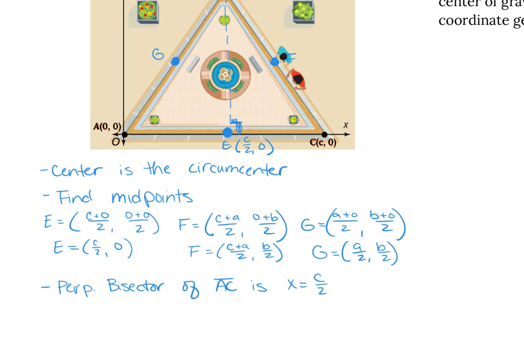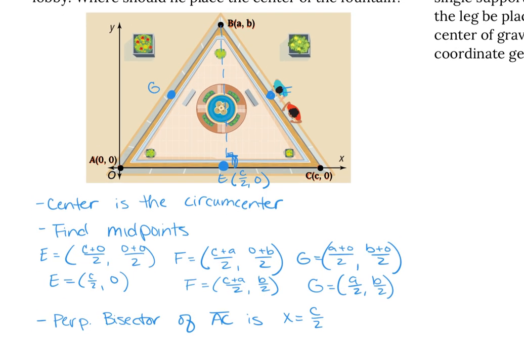Okay, and then our perpendicular bisector for AB, right here, our point G, those coordinates are A over 2, B over 2.